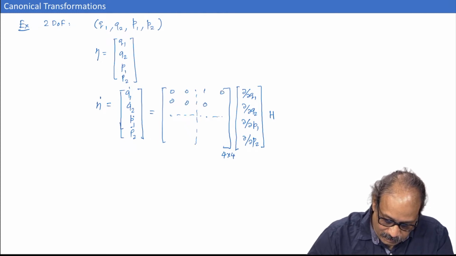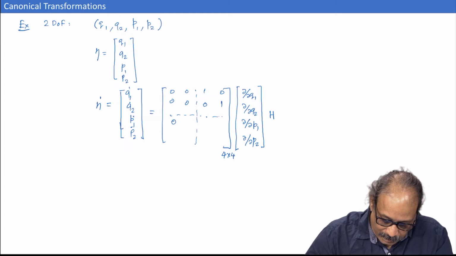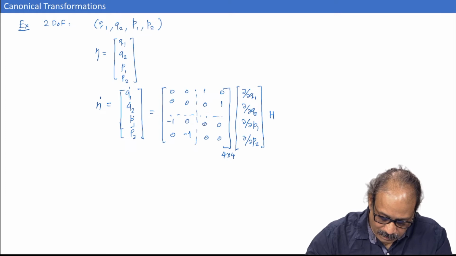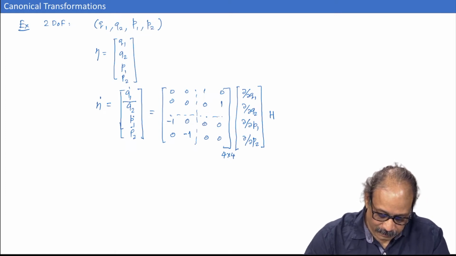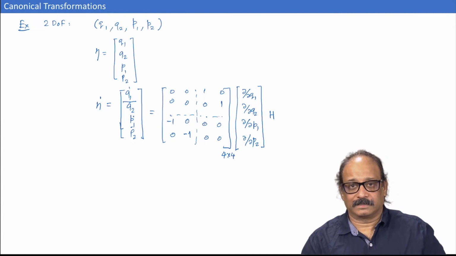So, it is 0 0 0 1, and on the lower side you have minus 1, minus 1, 0 0. You can very quickly verify. Look at this, q1 dot here will be equal to partial derivative of H with respect to p1. Okay. So, that settles it.